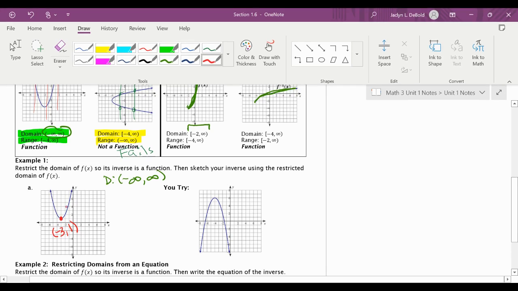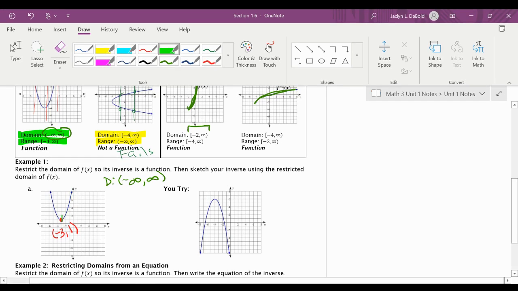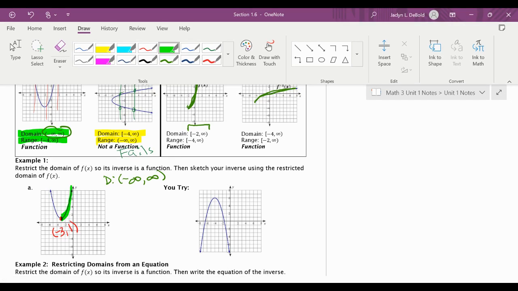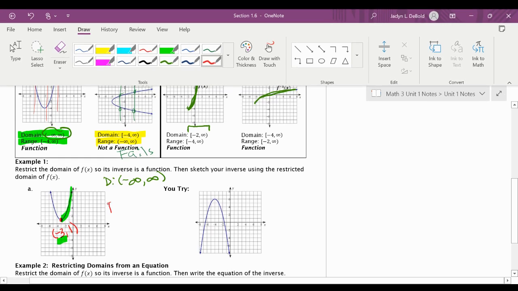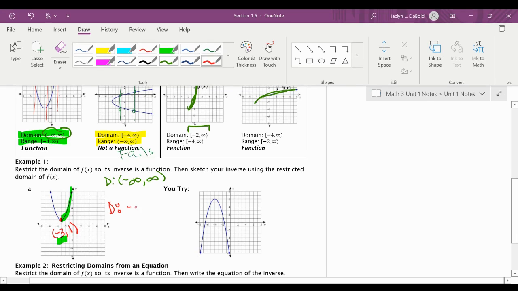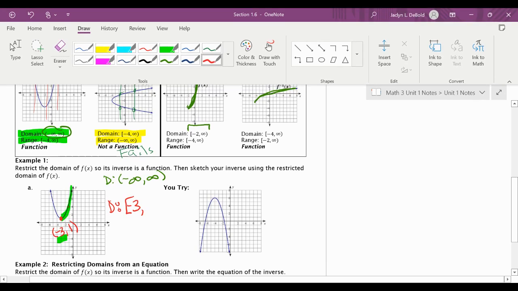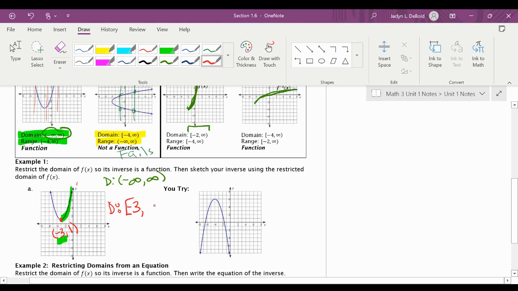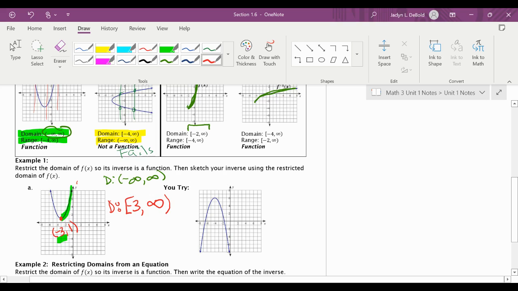And we're only going to focus on one part of that parabola. So I'm going to focus maybe on just the right part. So you can see the x value is -3. So my domain is going to start at, instead of starting at -infinity, I'm actually going to start it at -3. And then it's still going off forever and ever. So I'm restricting that domain to be -3 to infinity.